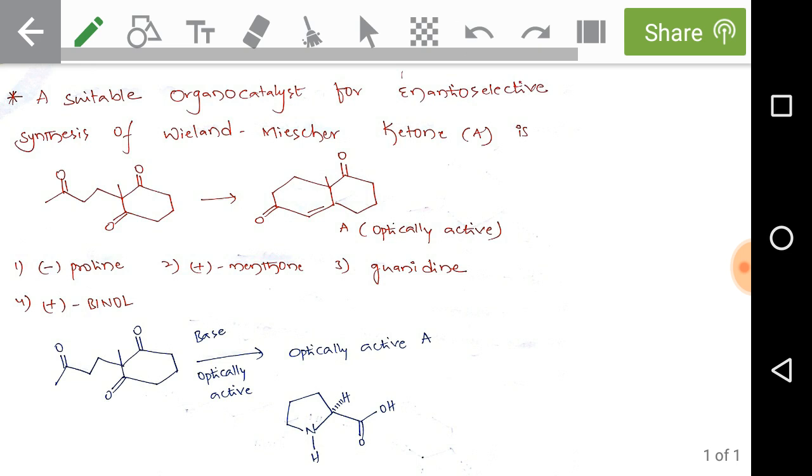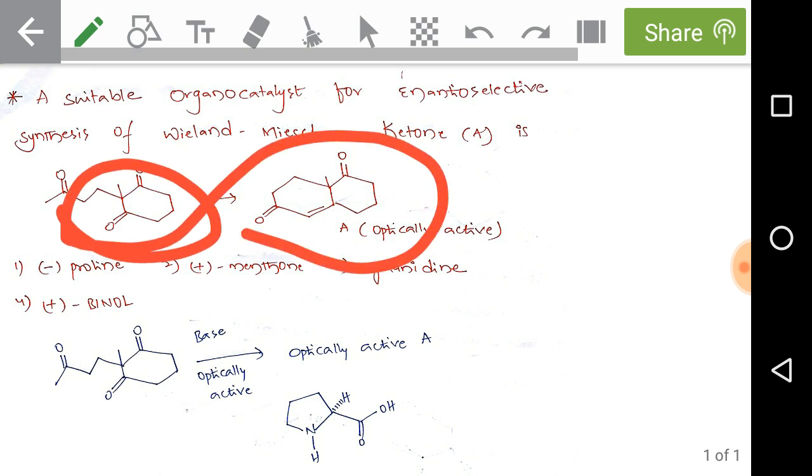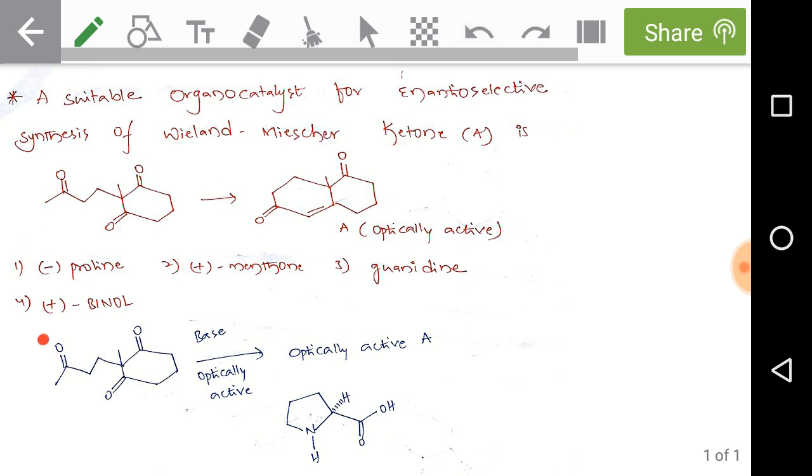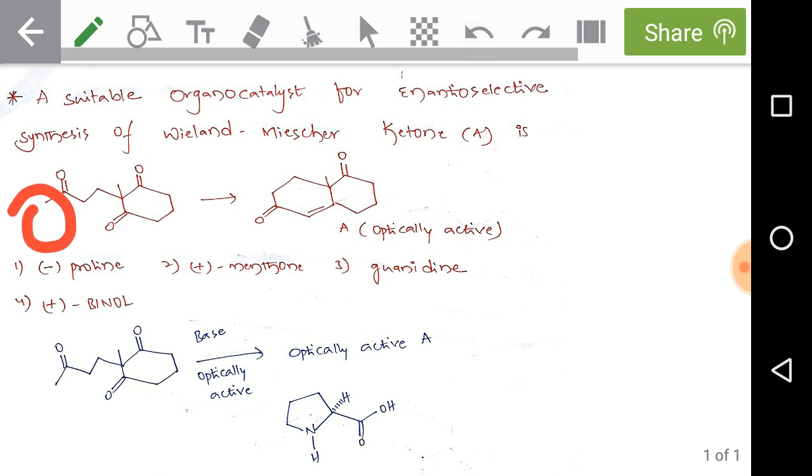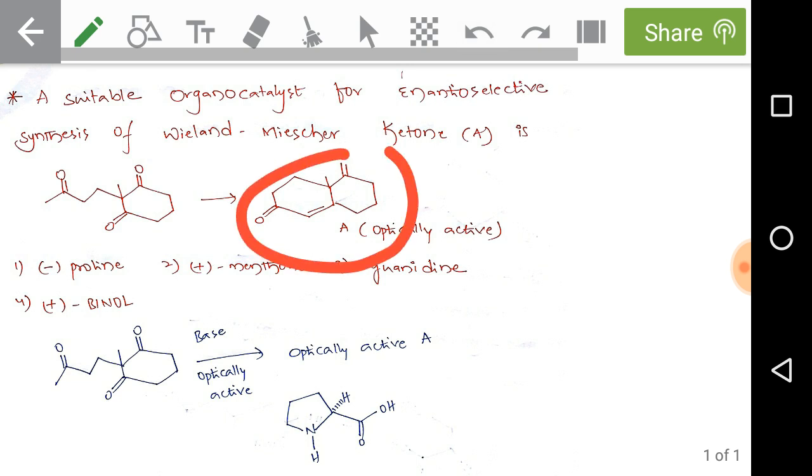Here if you look at the reactant to product, this is the Robinson annulation. Simply that means whenever we have a base in this reaction, the base can abstract a proton from this methyl group, which can form an enolate, and which is going to attack on this carbon of the ring, making this 6-membered ring with that alpha beta unsaturated ketone.